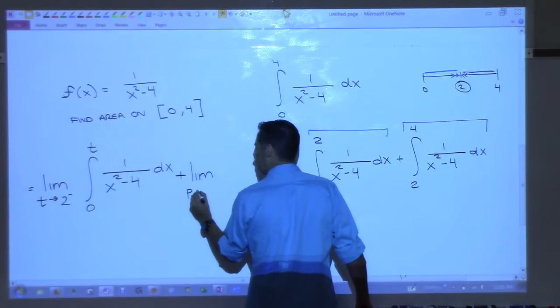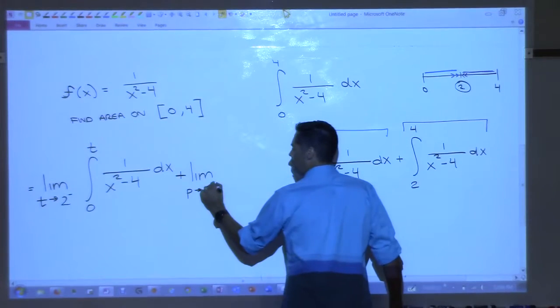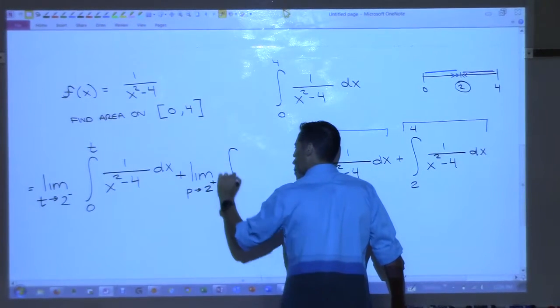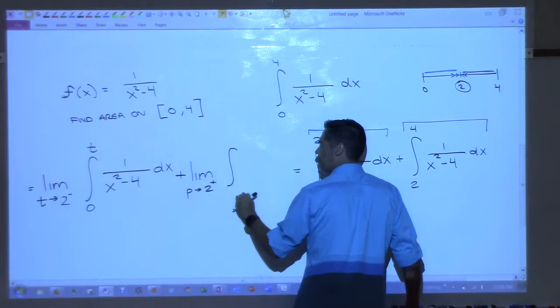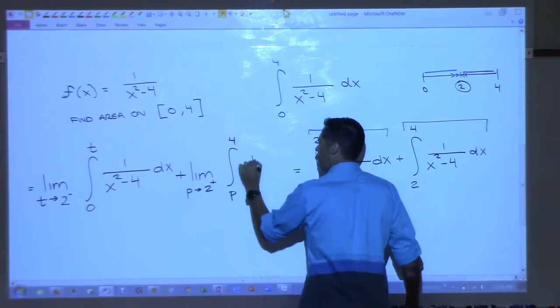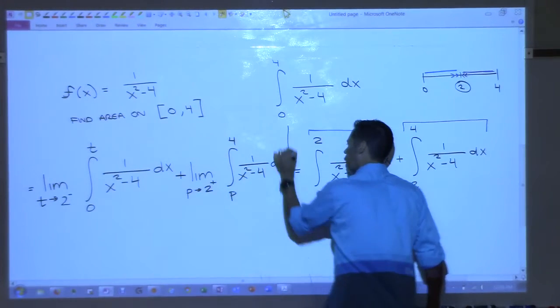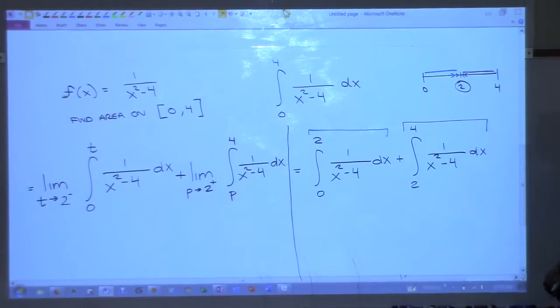I like that. Okay, p goes to 2. From which side? The right side, so a little plus. Integral where to where? So bottom is p to 4, and then 1 over x squared minus 4 dx. Does that all make sense?